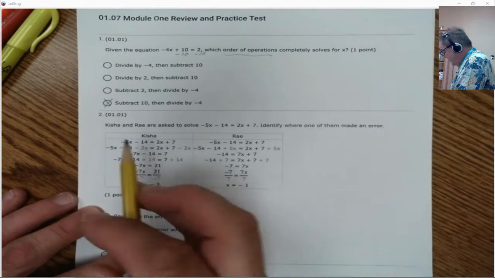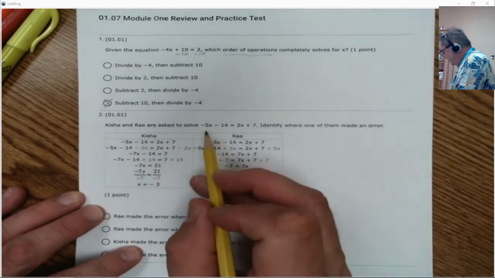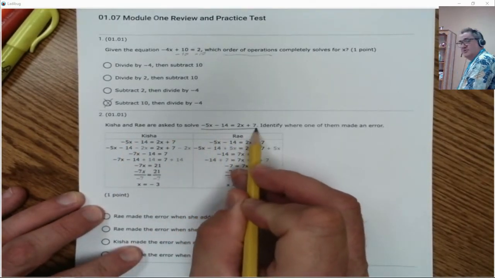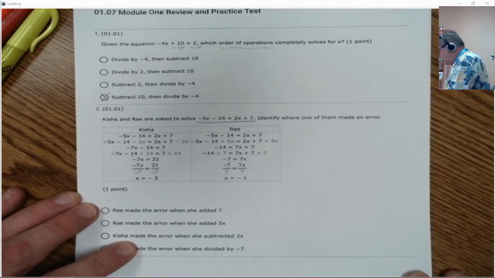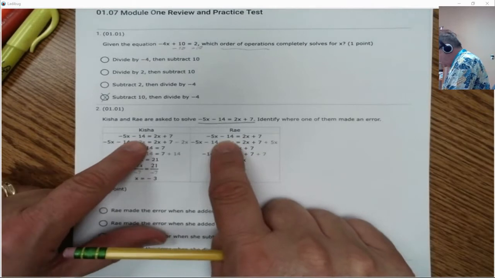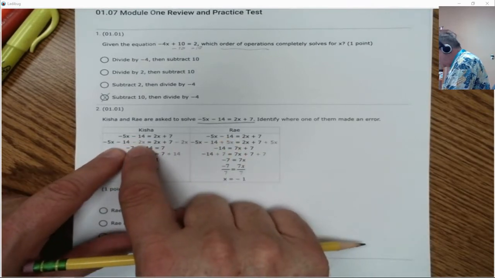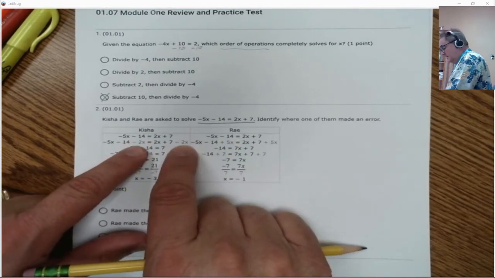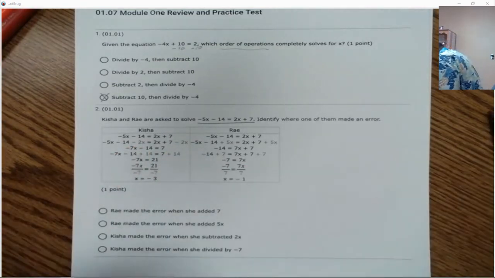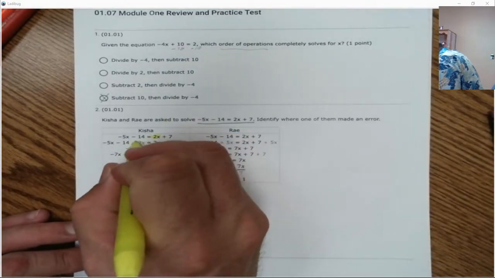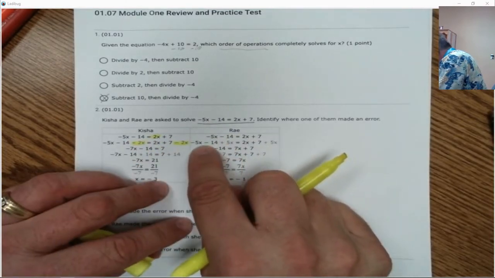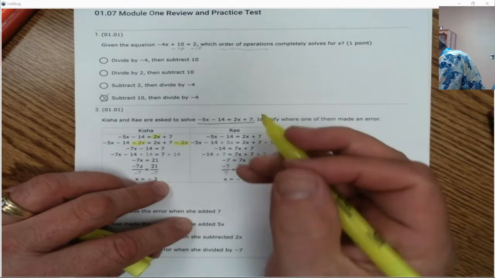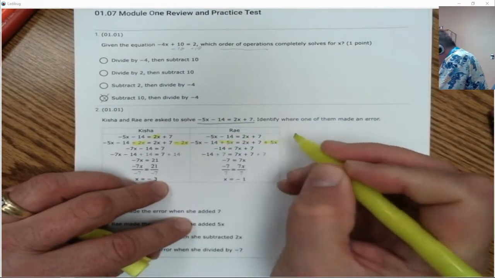Kisha and Ray are asked to solve negative 5x minus 14 equals 2x plus 7. Identify where one of them made an error. They both start with the same problem. Kisha decides to subtract 2x from both sides, moving the 2x to the other side. That's fine. Ray is adding 5x to both sides, moving that 5x.